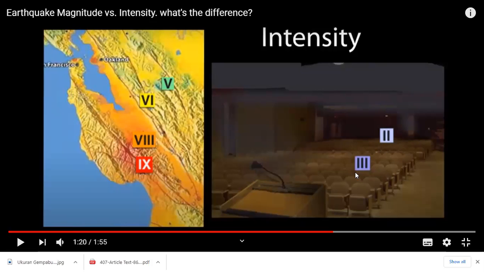If it's close, then it's a very big intensity. For example, here the intensity is 9 during the earthquake, and then farther from the place it becomes only 8, and then farther again 6, 5, etc. So this is the intensity of the earthquake.